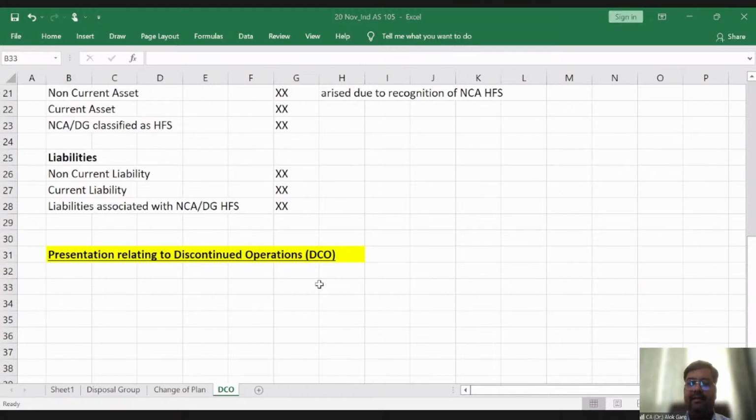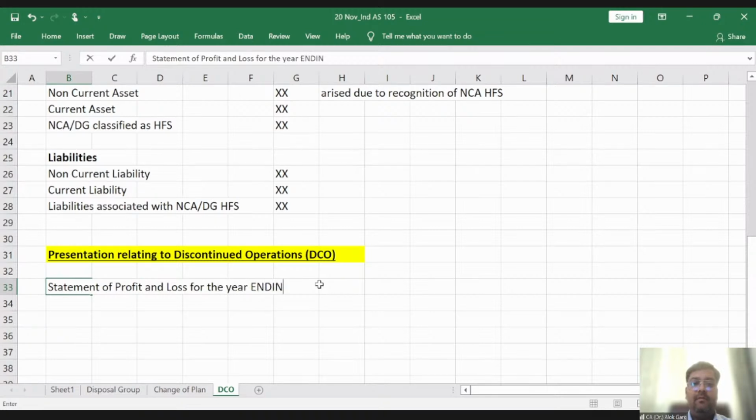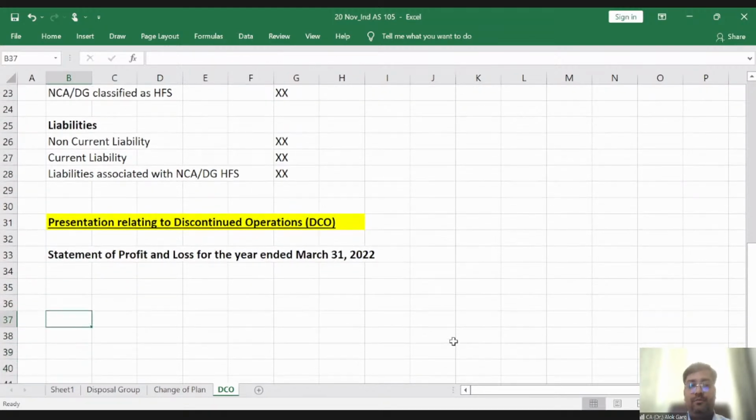That we are clear, right? And let's say I'm preparing a statement of profit and loss for the year ended March 31st, 2022, right?